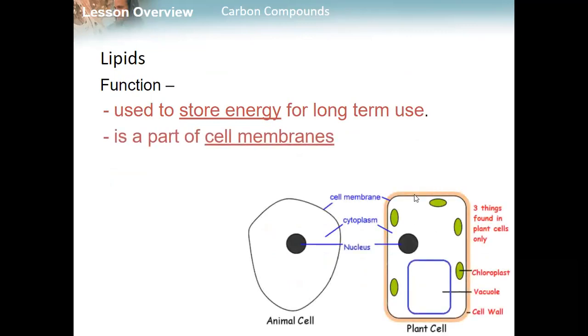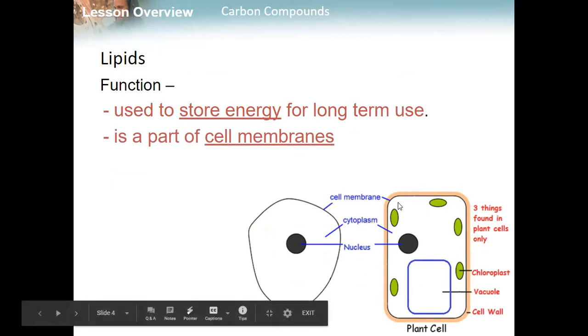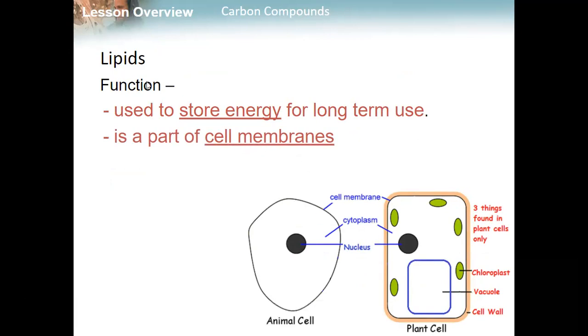Here's a plant cell and here's an animal cell. The outside area is the cell membrane, and the cell membrane is made out of lipids. Lipids can also help with insulation, which means they keep our bodies warm.